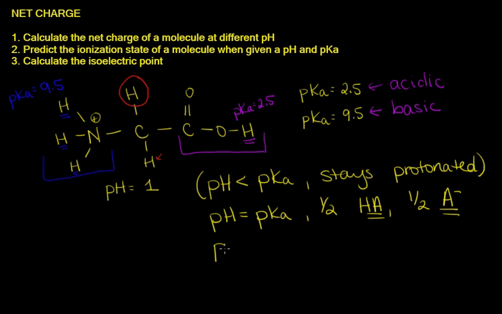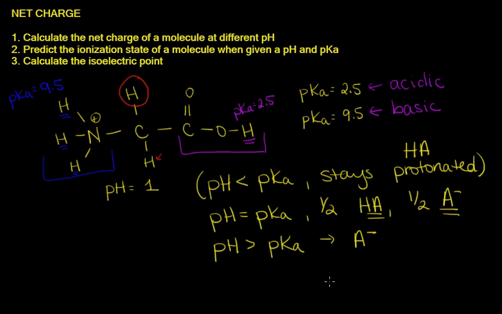When the pH is greater than the pKa, what we get is the unprotonated form. So we've lost all of the protons. So we start in the HA form, and then as the pH increases greater and greater, we lose more and more of this proton. As we lose the proton, it becomes the deprotonated species until all we have left is the deprotonated species.